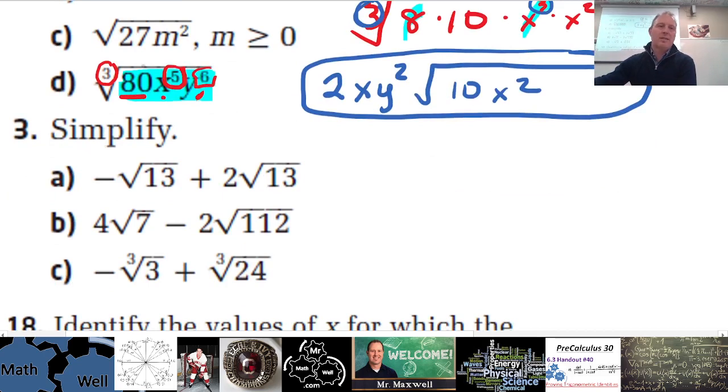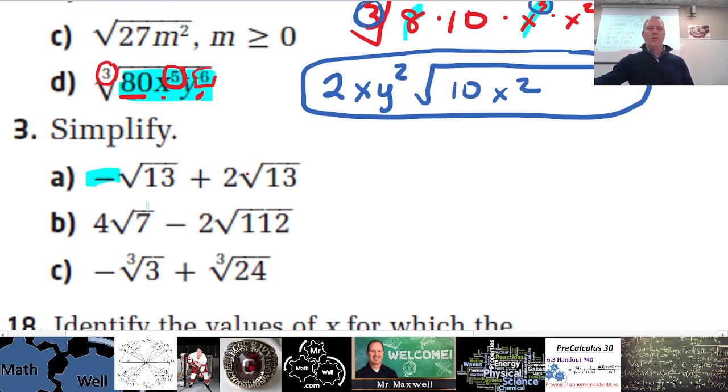So if I was asked to simplify this, what you're looking for is you can gather like terms if the terms are like, and they are like if we have the same radical, that is a square root, that's a square root, and that's a square root, and you have the same identical radicand, or the number or term underneath the radical sign. So if this is identical, then we can simply combine the numbers in front.